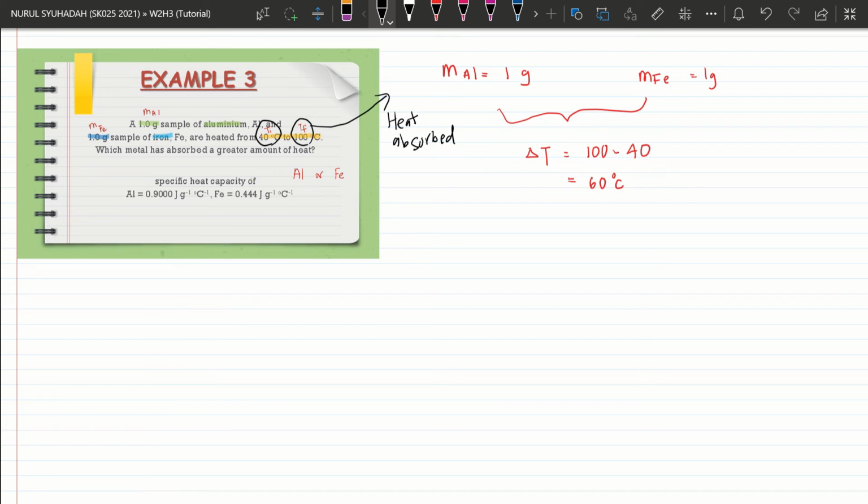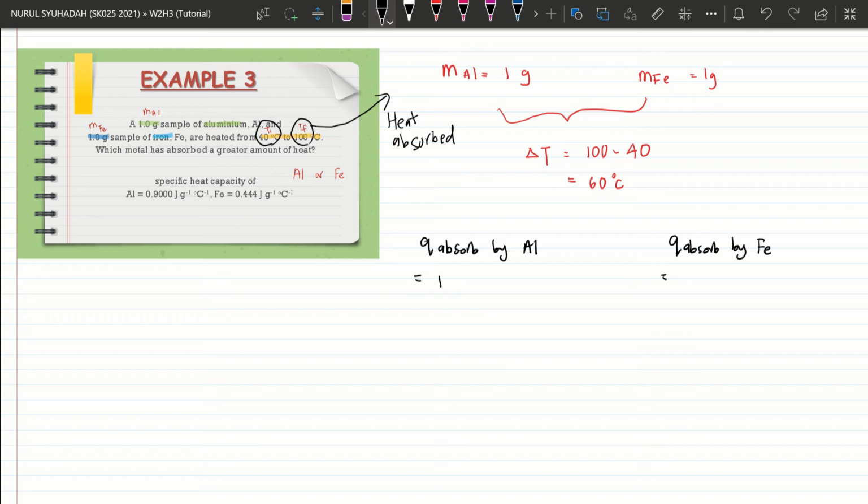So, heat absorbed. Why do you need to determine whether it's heat absorbed or heat released? Because you want to write down the equation. So the equation will be Q absorbed by aluminium, and then Q absorbed by iron. Okay, so for the equation, you will do separate calculations.